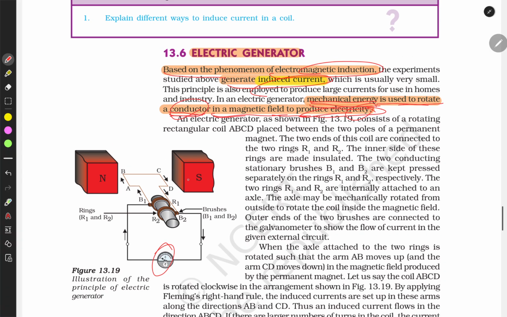When we mechanically rotate these blades in the magnetic field, it is not a changing magnetic field, but there is a relative motion. When there is relative motion between the magnetic field and the conducting wires, it will induce a current.